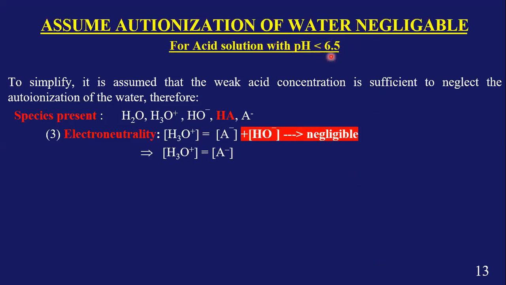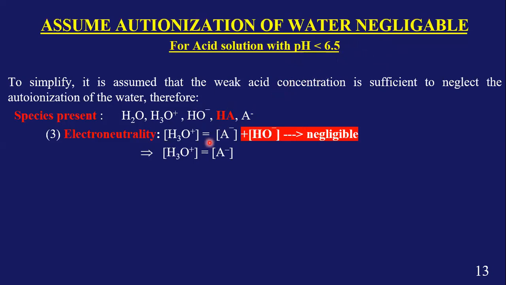Your pH cannot be above that. As long as the weak acid has a pH less than 6.5, I can neglect the autoionization of water. You're going to see this when we get into titration curves. In titration curves, we're actually adding a base, and we can approach pHs of weak acids with a titration, which gets above pH 6.5.